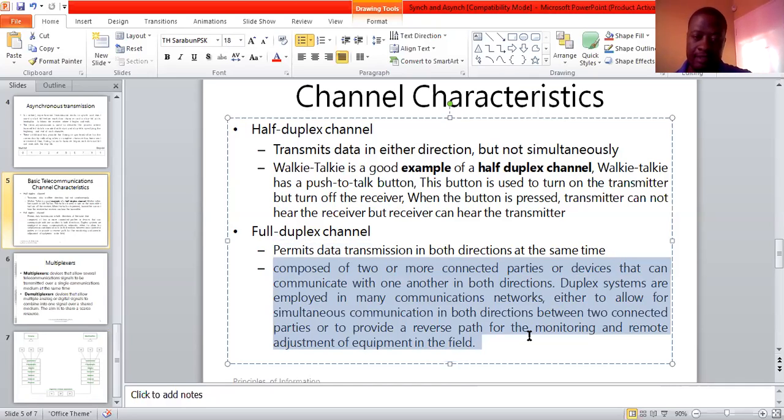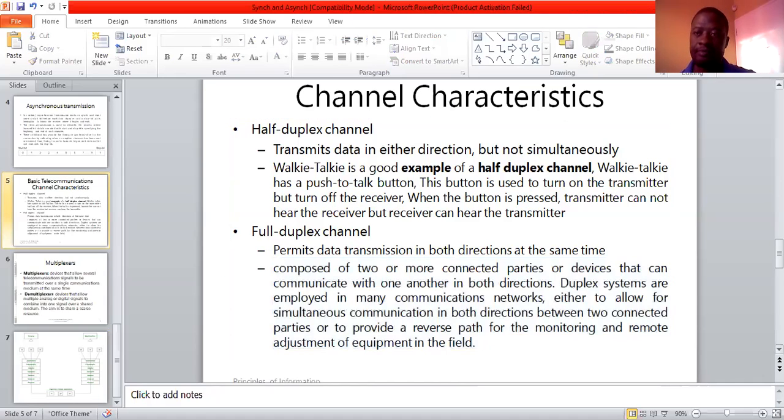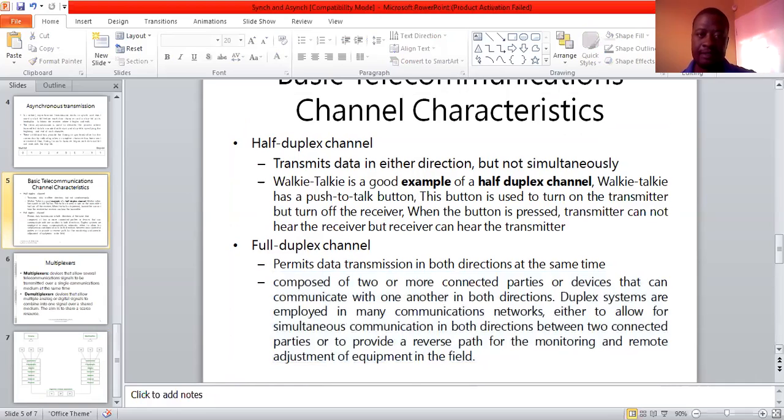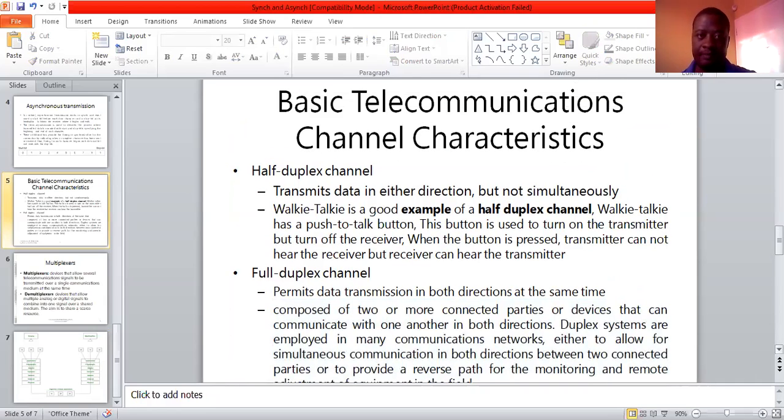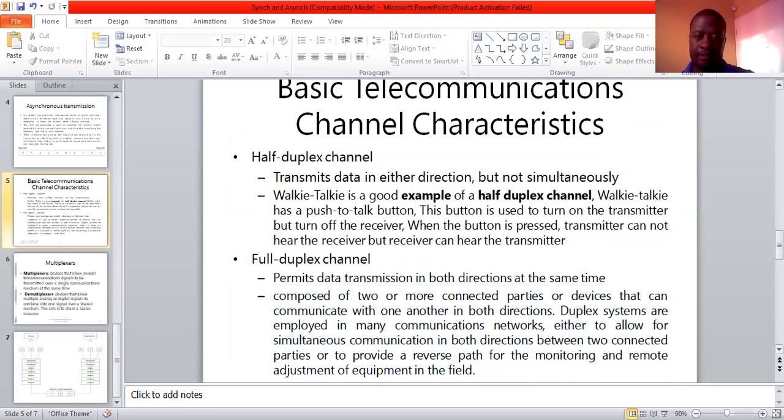Duplex systems are employed in many communication networks, either to allow for simultaneous communication in both directions between two connected parties, or to provide a best path for the monitoring and remote adjustments of equipment. So these are the different duplex channels that telecommunication uses.